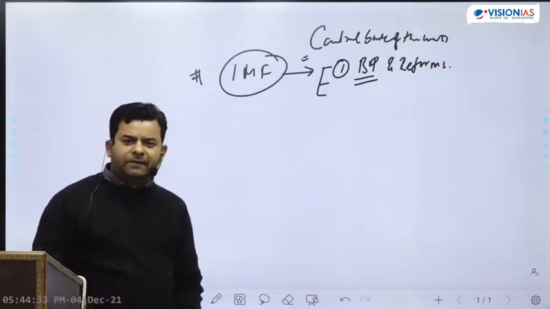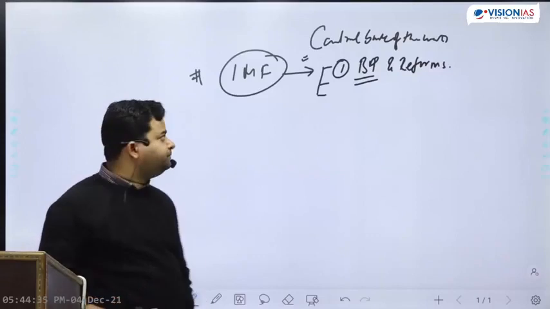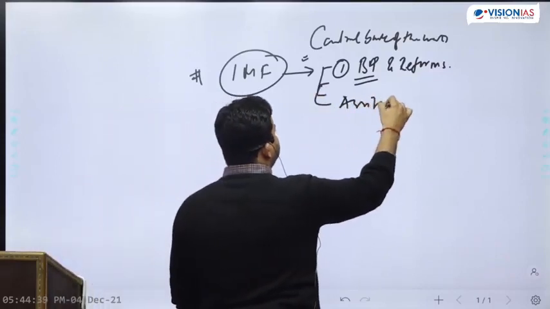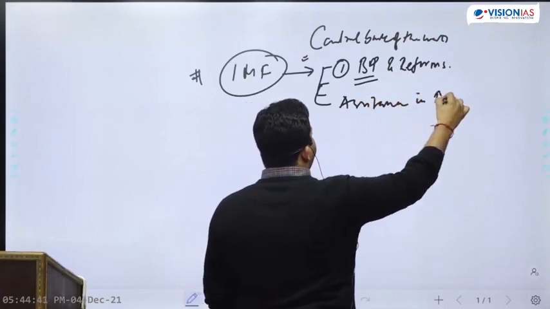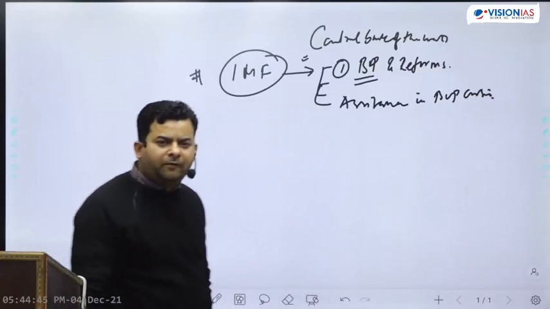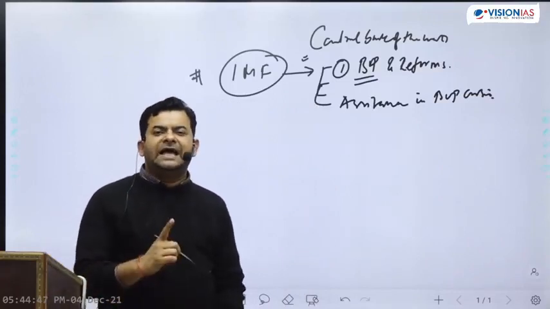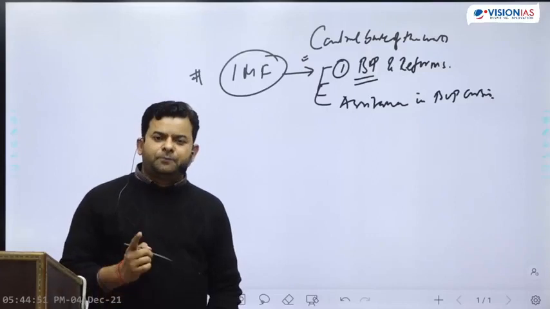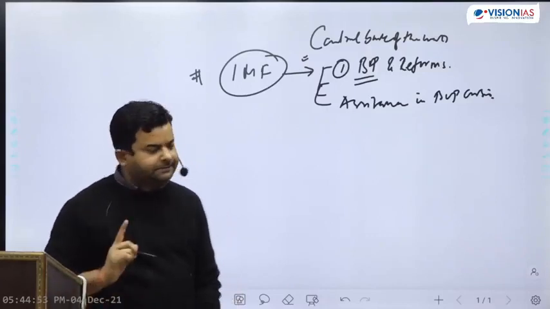They provide assistance in balance of payment crisis. Please be careful, World Bank provides loans for developmental projects. IMF does not provide loans in normal conditions. It provides only in a BOP crisis.